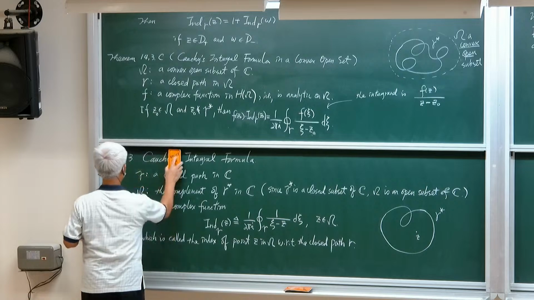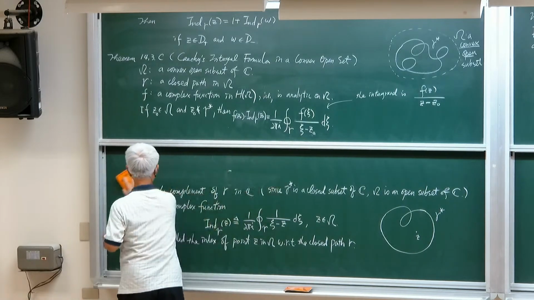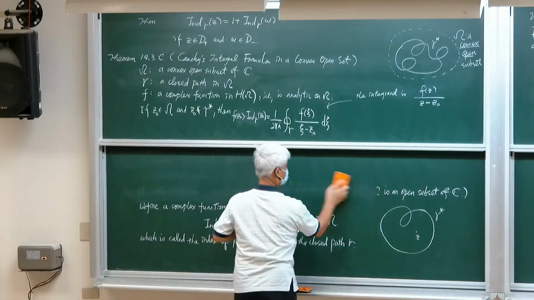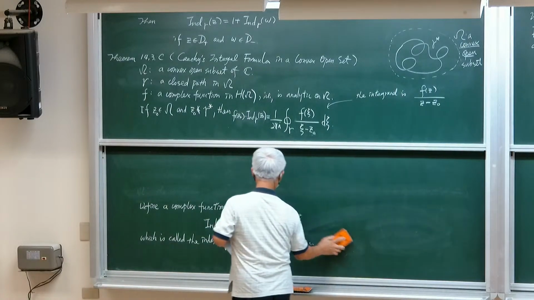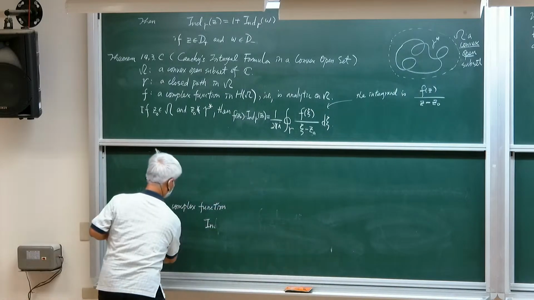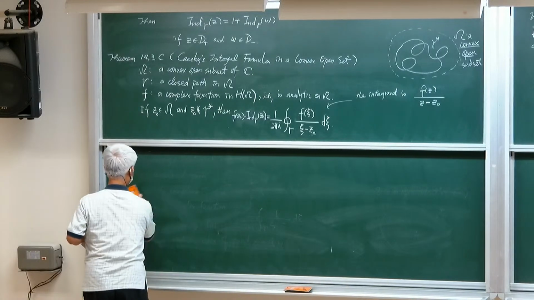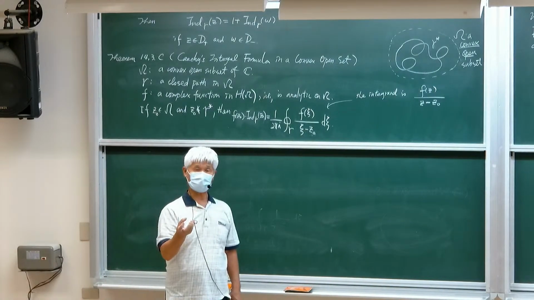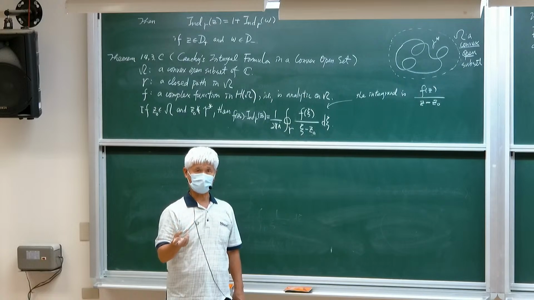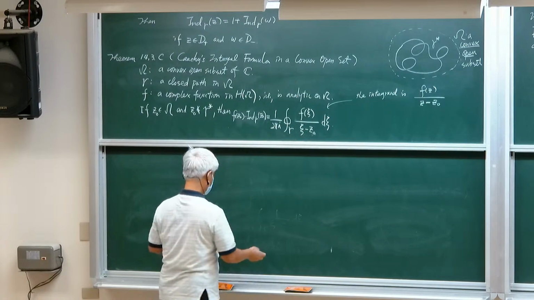Another version is in a simply connected domain. So if we extend the convex open subset, because a convex open subset is a special case of a simply connected domain.